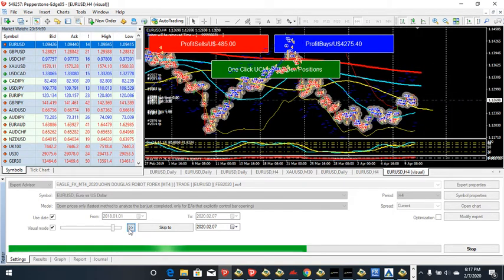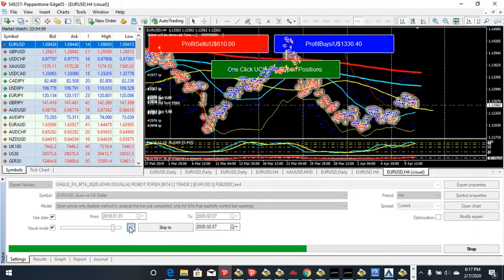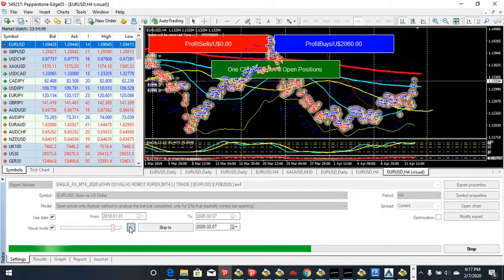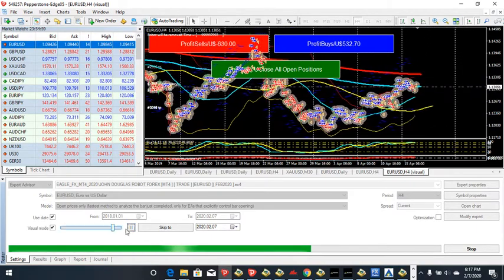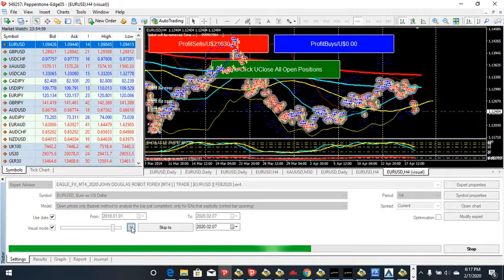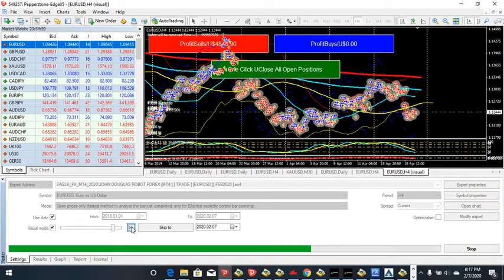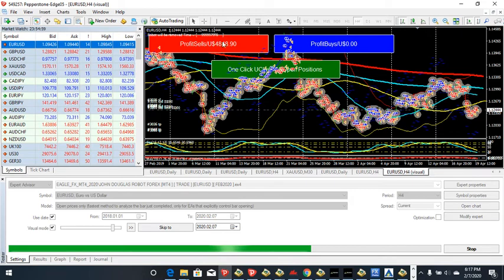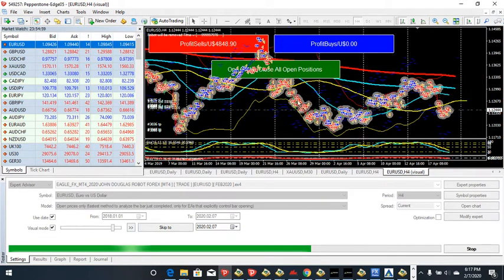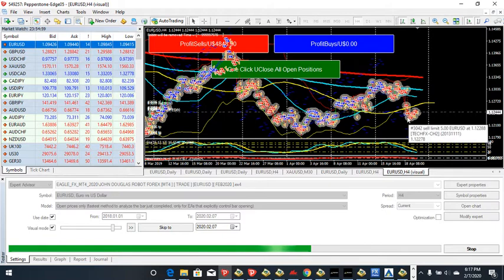Now the buy side is done with this one here. The red dot here, so I have something here. See the positive number here, because the red dot is start.